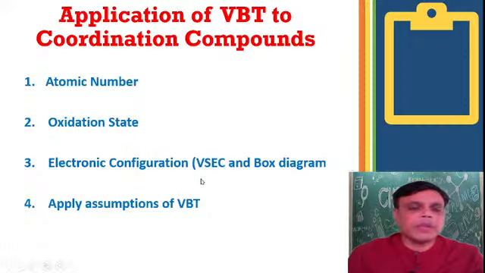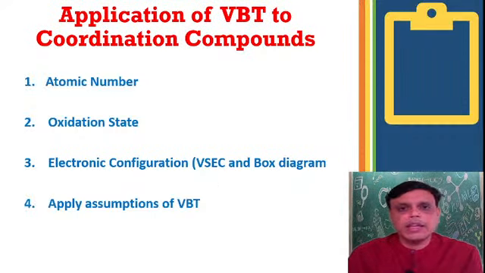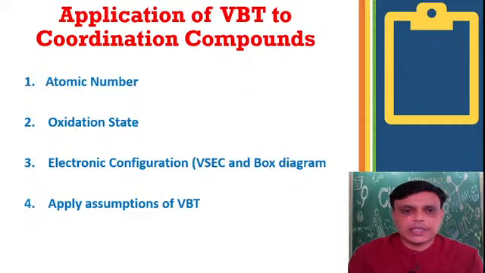After that you should be able to write the electronic configuration, especially the valence shell electronic configuration, and that valence shell electronic configuration you have to represent in a box diagram. बॉक्स डायग्राम आप लोगों को पता है, बॉक्स निकालने होते हैं, that we will see. ठीक है, so this is the third point. You should be able to write the valence shell electronic configuration of the central metal atom. And if we finish with these 3 points, then we will start applying the assumptions of valence bond theory.